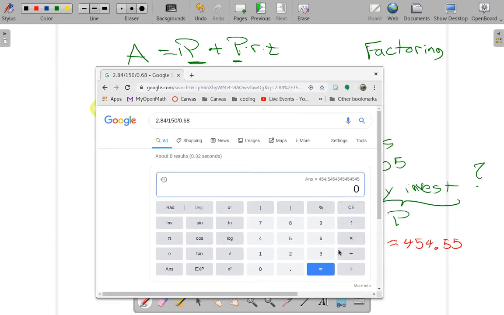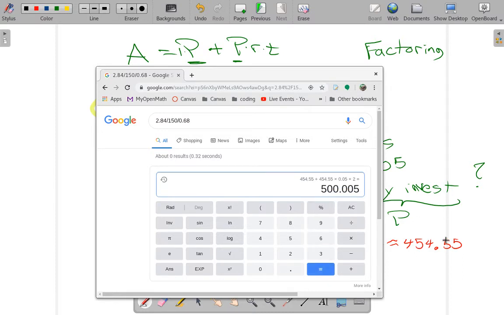Clear. So applying this formula right here to double check, 454.55 plus that same 454.55 times that 5% interest rate we got lucky to get, times 2 years, I hope to get about $500 back.